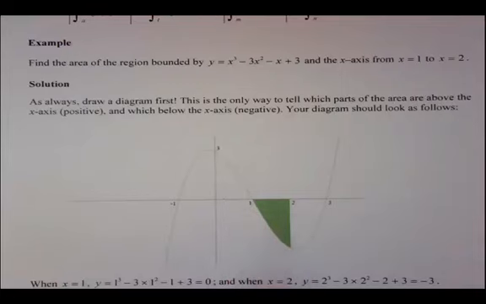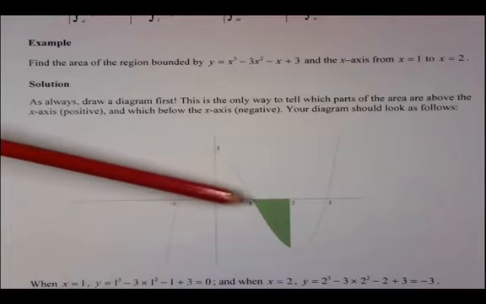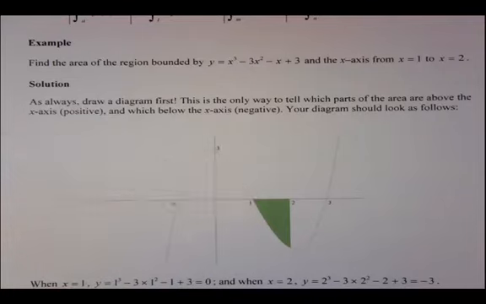So we can just work out the integral of the curve from 1 to 2, and our answer will be negative, but we change the sign, and what we get will be the area. There's our diagram, and a little bit of working here showing that when x equals 1, y equals 0, checking that indeed the curve does cut the x-axis at x equals 1, and when x equals 2, it's minus 3.